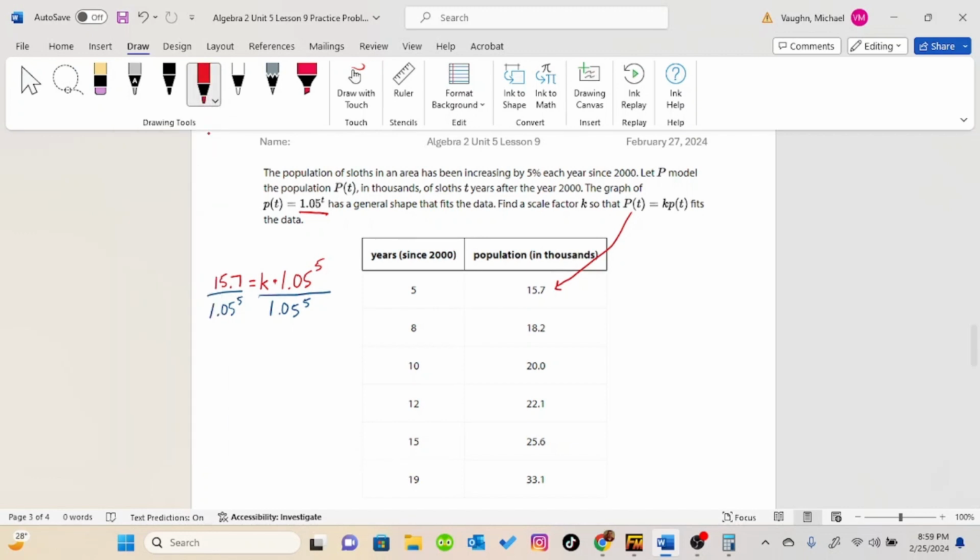And now I have k equals 15.7 divided by 1.05 to the 5th power.